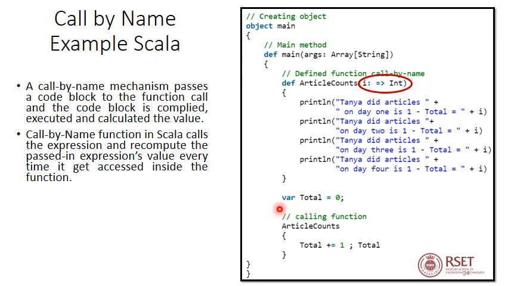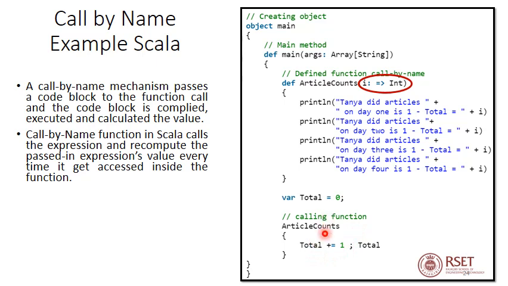Now we have an integer variable called total, which is initialized to the value 0. Then this particular code block is the function call to article counts in Scala, the typical function call. Article counts, total plus equal to 1, total. So here we are passing total plus equal to 1 as the argument to article counts, and it is called by name.